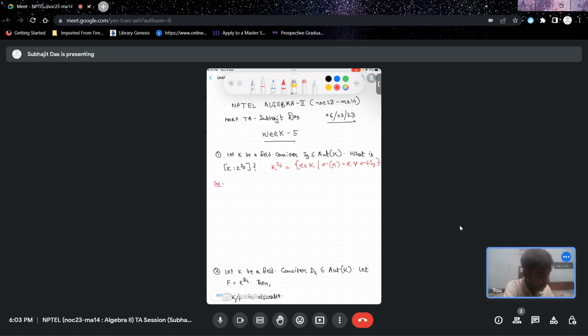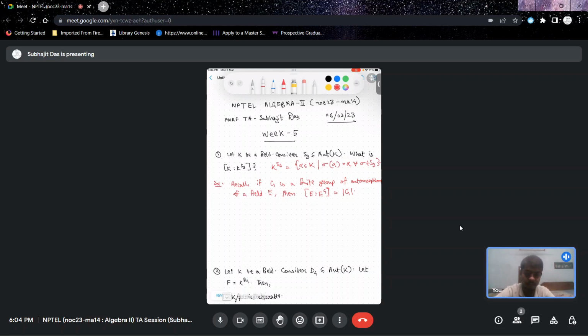So if you recall, if G is a finite group of automorphisms of a field E, then the degree of E over E power G is exactly equal to the cardinality of G. You prove it by showing inequalities in both directions.